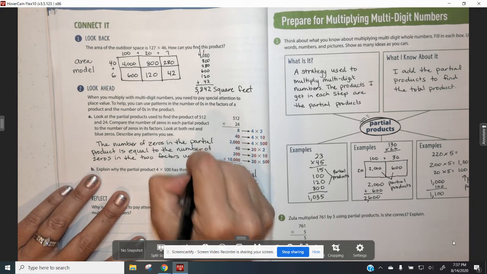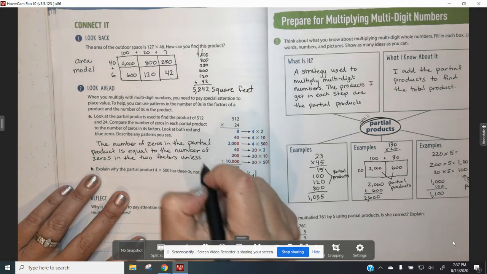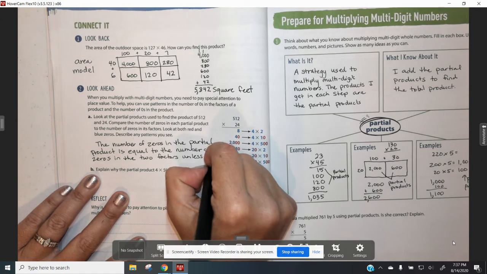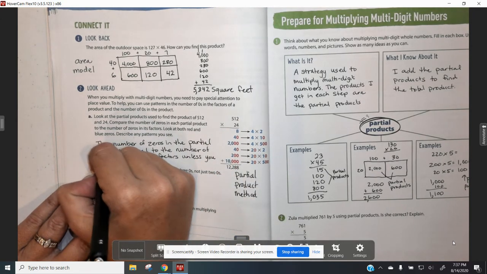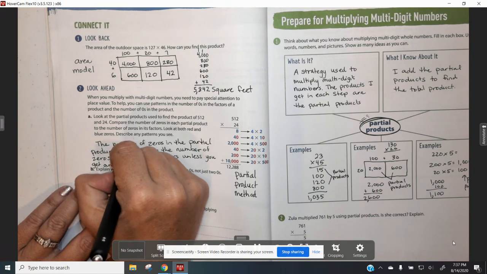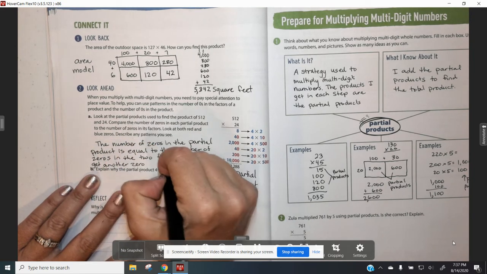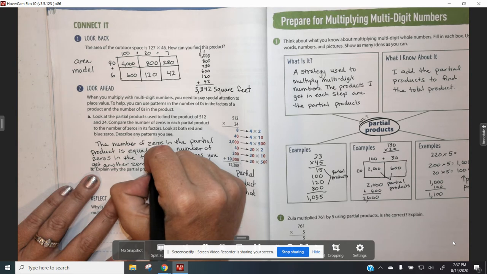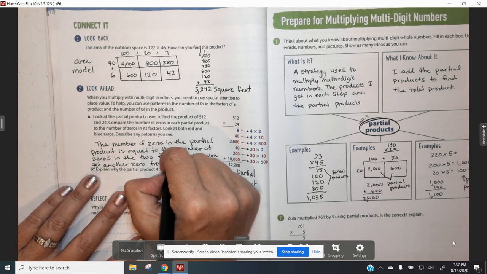Unless there's one little thing that sometimes happens, unless you get another zero from the basic fact. I'm going to tell you what that means.